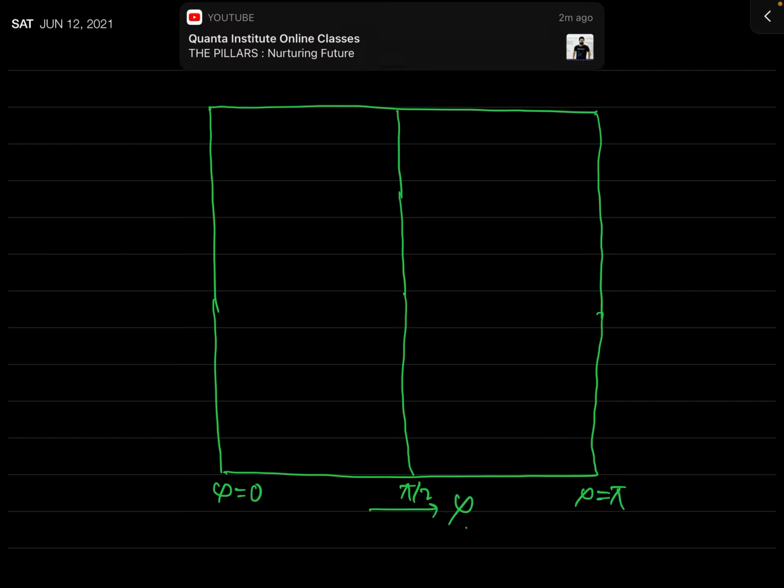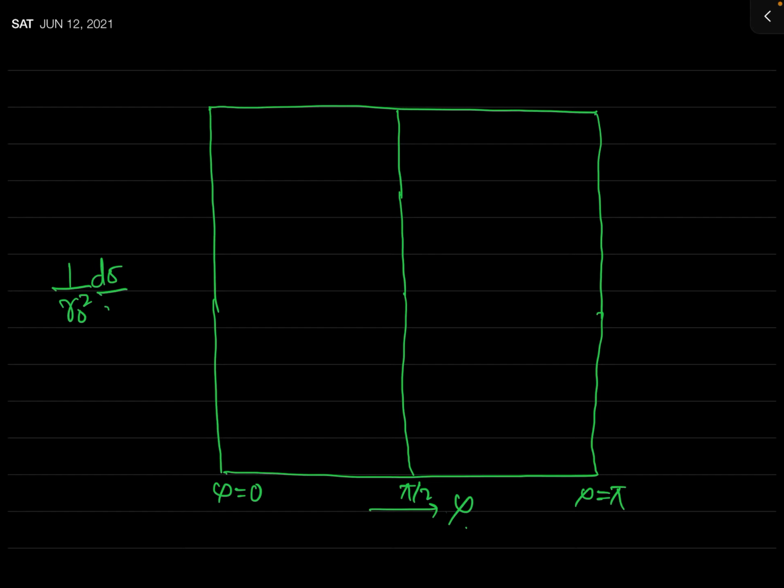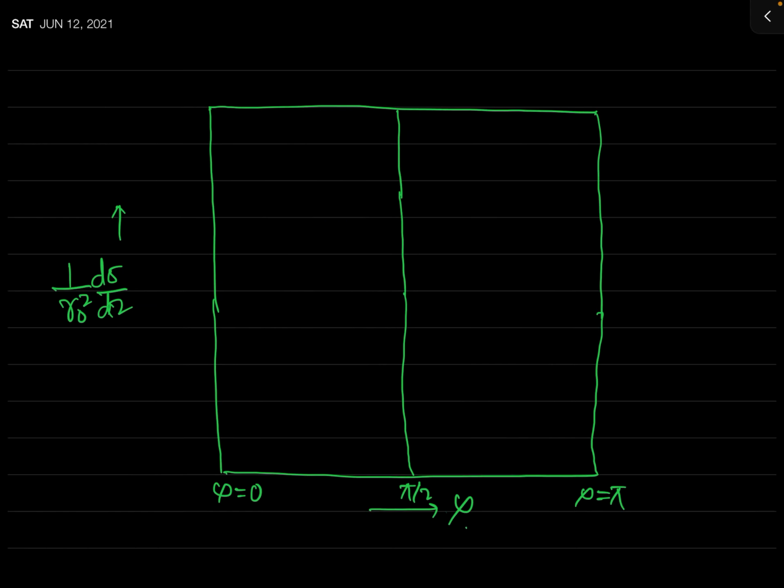And on this axis we will note the value of 1 over r naught square d sigma by d omega. So when phi is 0, we have seen that this scattering cross section is maximum, and that will be equal to r naught square, but I have taken here r naught, so the maximum value will be equal to 1.